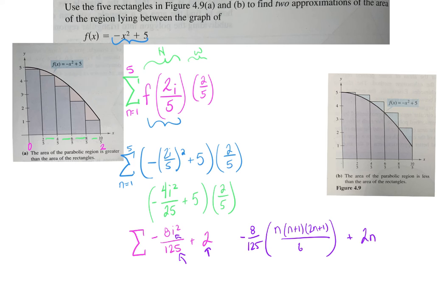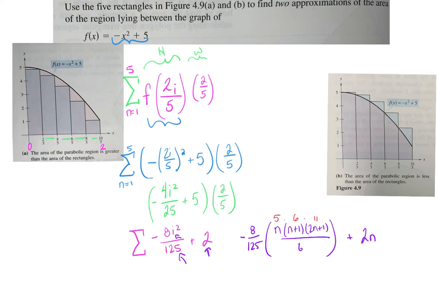Now here's the thing. If you're only doing one guy, and unless I ask for the simplified version of this, you can literally plug in your 5 if you want to and just do your calculations. Does that make sense? So you could simplify all this if you want to, or you could plug a 5 in for every n. So this is going to become 5, this is going to be 6, and this is going to be 11. 5 times 6 times 11. Does everybody see that? And then just simplify.